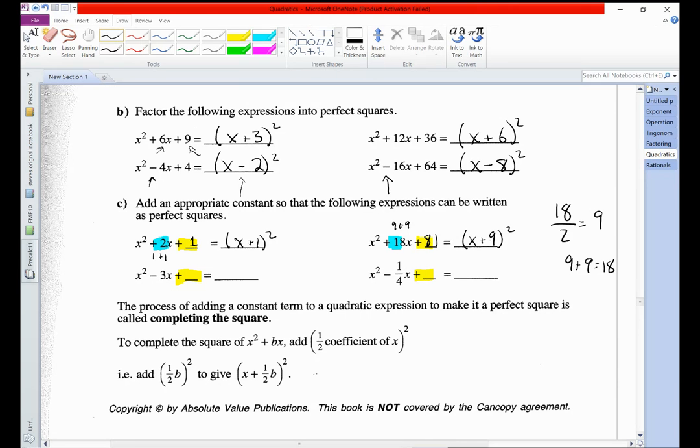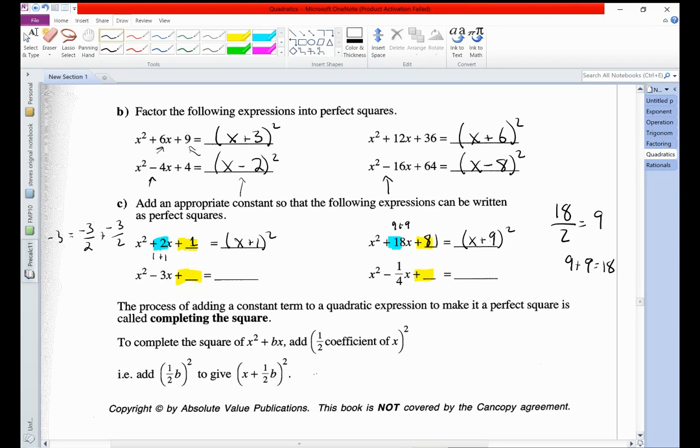So if we take that idea of cutting it in half, we can say, well, to get to -3, -3 is equal to negative 3/2 plus negative 3/2. Right?